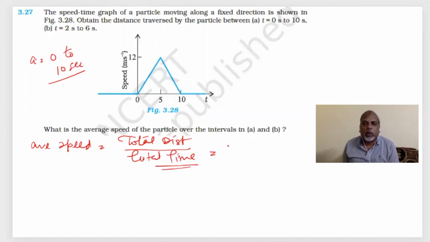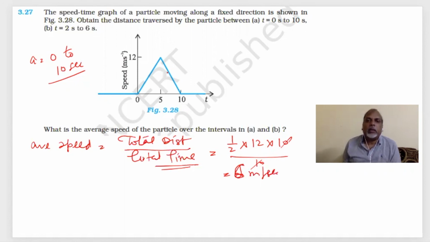What will be the total distance? It will be the area of the graph, half into 12 into 10. What is the total time? 10. So it will be 6 meter per second.